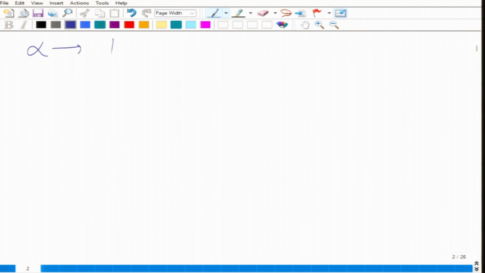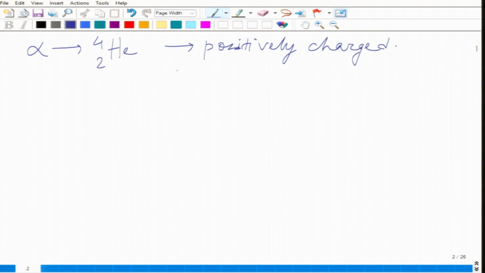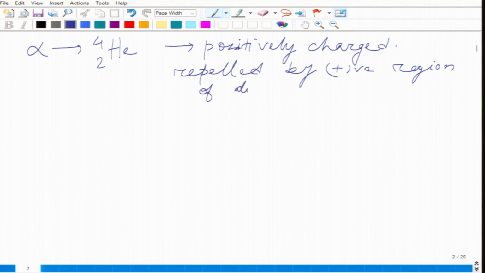Now, an alpha particle is helium with a charge of +2. Since like charges repel, alpha particles are positively charged, so they will be repelled by something positive, that is, by a positive region of the atom.